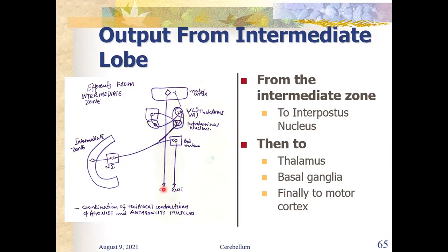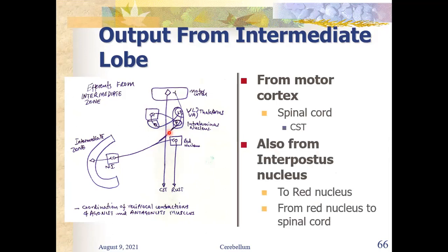That shows you that the cerebellum also plays a role in coordinating muscular activities, in executing movement. So this pathway is important in coordination of reciprocal contractions. Output from the intermediate lobe of the cerebellum is responsible for coordination of reciprocal contractions of agonist and antagonist muscles.